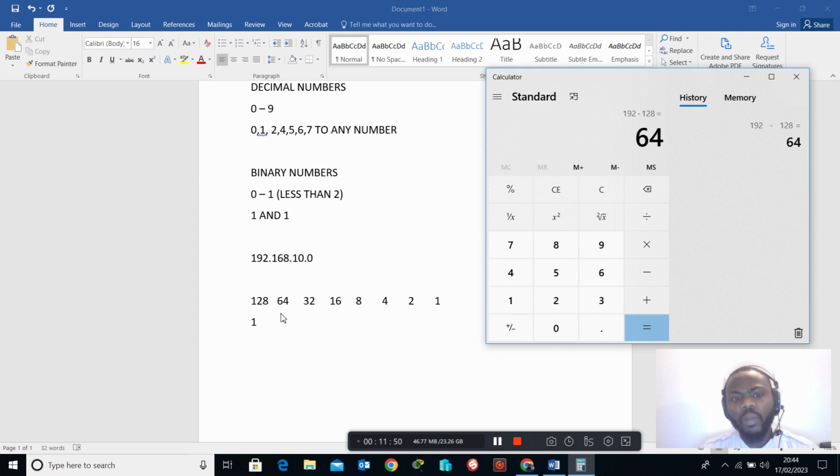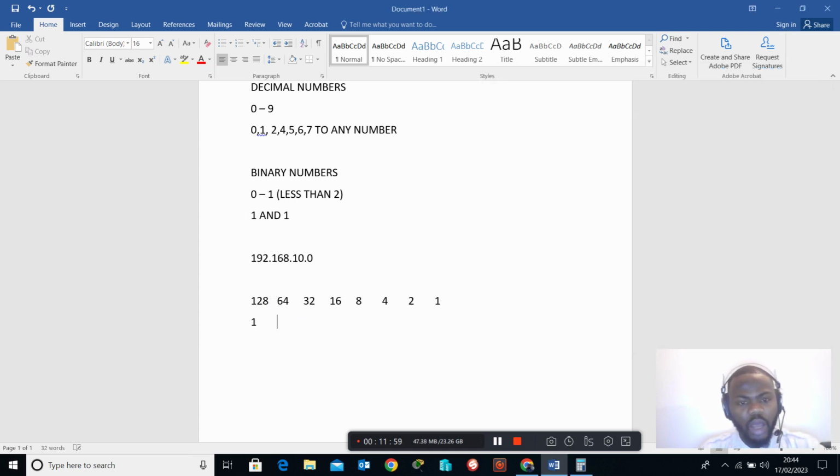So when the number is greater than or equal to, you put a 1. Because the number is equal now, I'm going to put a 1 here. And 64 minus 64 is 0. If that's 0, that means I don't have anything anymore. All these are going to be zeros. That's what this is.